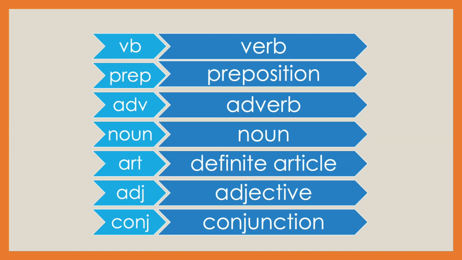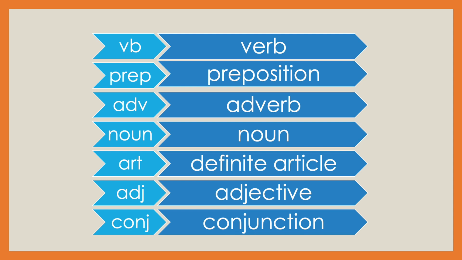So just quickly, I just want to think about what some of those abbreviations are, and I put them up on the screen for you. So things like VB for verb, prep for preposition. Most of them are quite obvious, really. Art for definite article. As I said, some books use different ones. For example, the lexicon that I use uses one letter, so it would be easy to mix up middle and masculine.